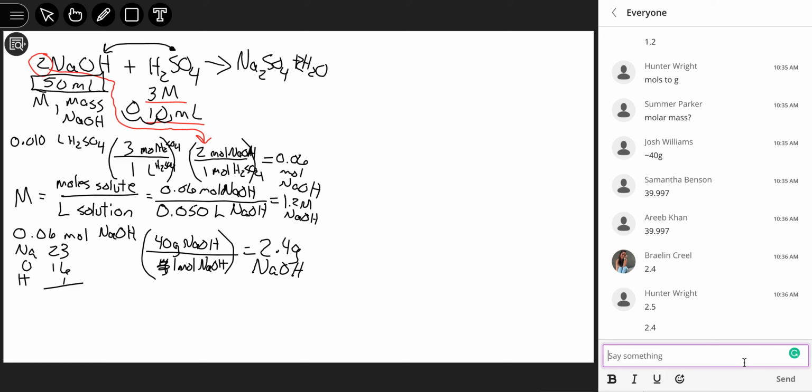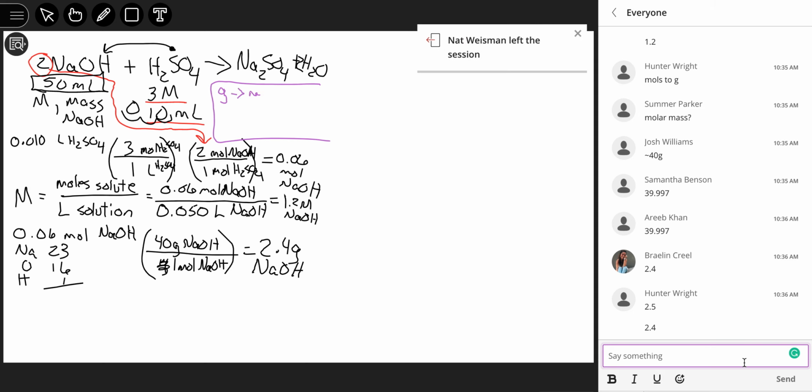So if we were doing that, we would go grams of sodium hydroxide to moles of sodium hydroxide, and then moles of sodium hydroxide over liters of sodium hydroxide. And then we could say, well, we had 50 milliliters, so that would be volume of sodium hydroxide to moles.